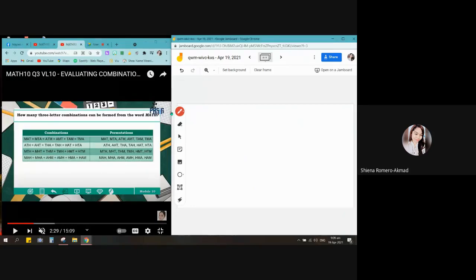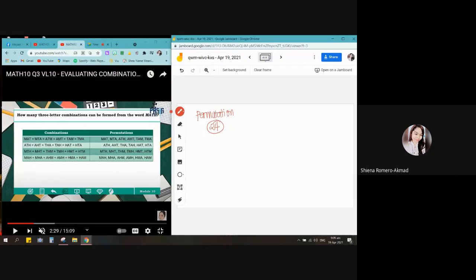Okay? So let us use the formula for permutation muna. How do we use the formula for permutation? Iba yung formula natin for permutation. Remember that when it comes to permutation, we have here 24 permutations.